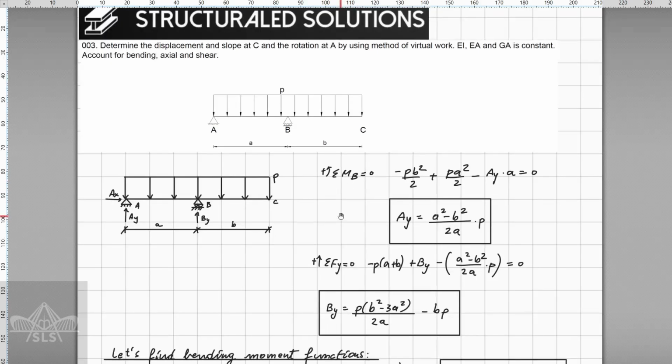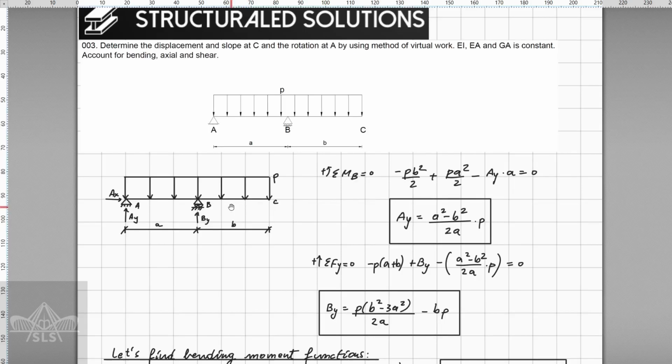And as we can see from the support conditions, we can easily understand that the beam is going to be statically determinate, and therefore solving the reactions is going to be easy, as we only need three equilibrium equations to determine these reactions.